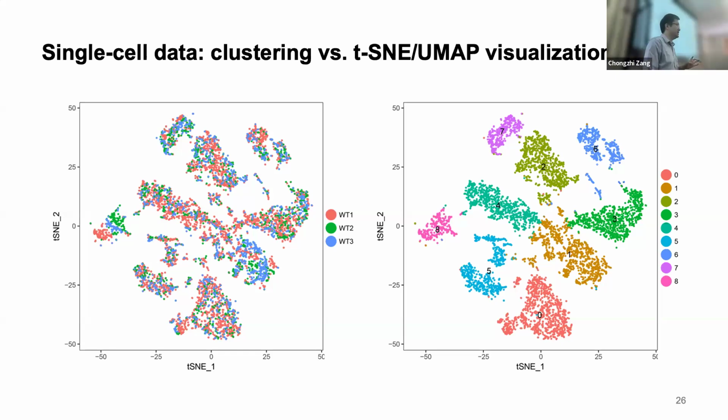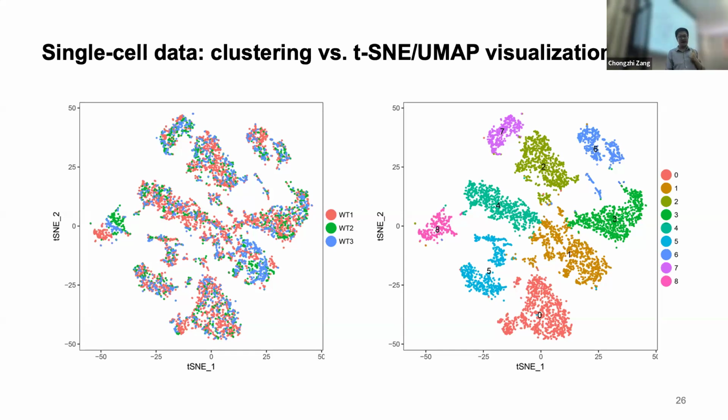Only for visualization. And earlier this year, or late last year, there was a paper published in Nature Communications that presents an algorithm to determine whether the UMAP or t-SNE representation can generate some wrong embedding for different cells.